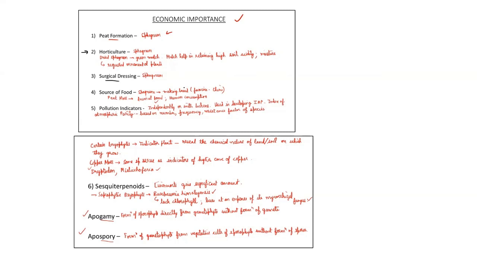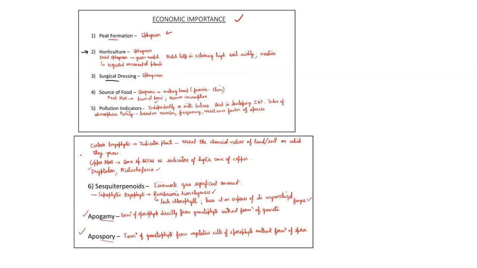Various bryophytes, together with lichens, are used as pollution indicators. The index of atmospheric purity is based on the number, frequency and resistance factors of the species of bryophytes. So if the bryophytes have gone from a place, that is an indicator of pollution of that particular substance. So these are used as indicators.